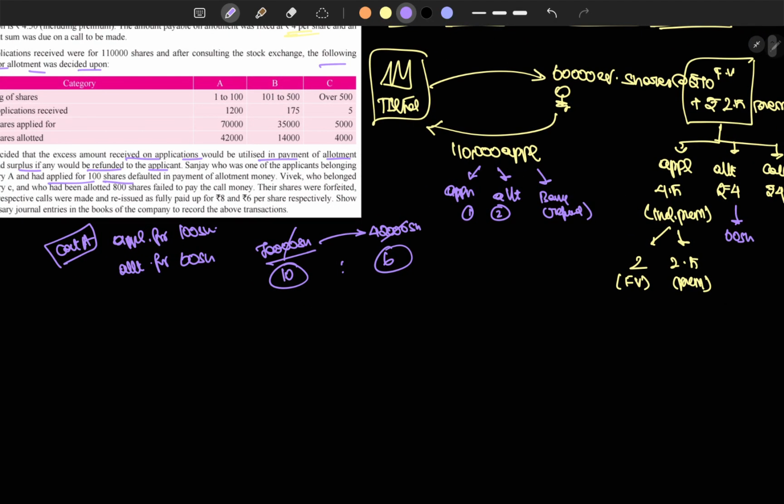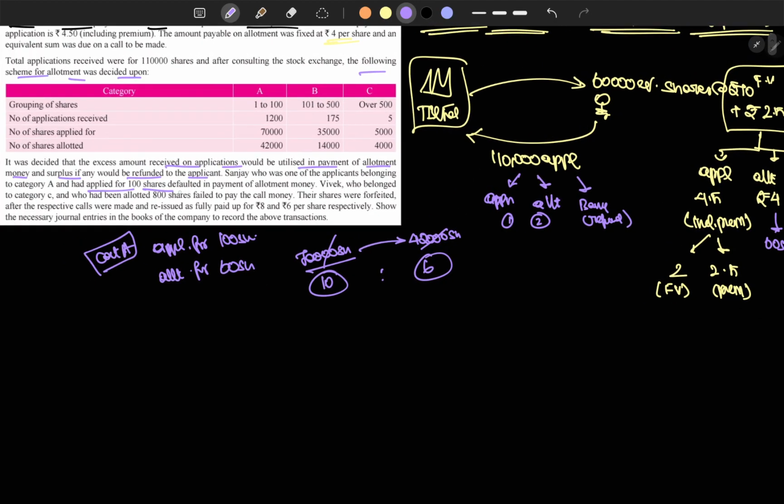This is the actual tricky point that we have to understand. The question was a little confusing if you actually work it out. He applied for 100 shares, but he got only 60 shares. He defaulted on that 60 shares' amount. And Vivek, who belonged to category C, has been allotted 800 shares. This is direct.